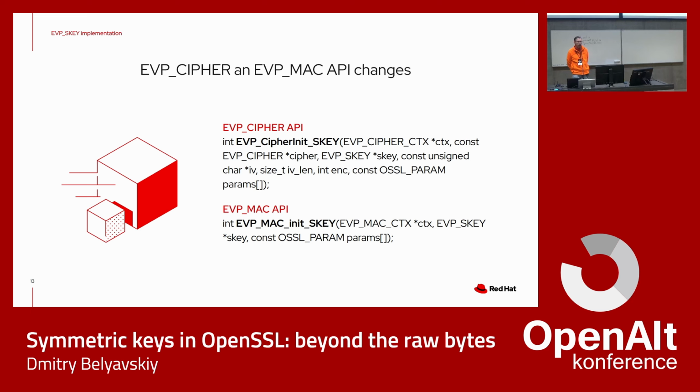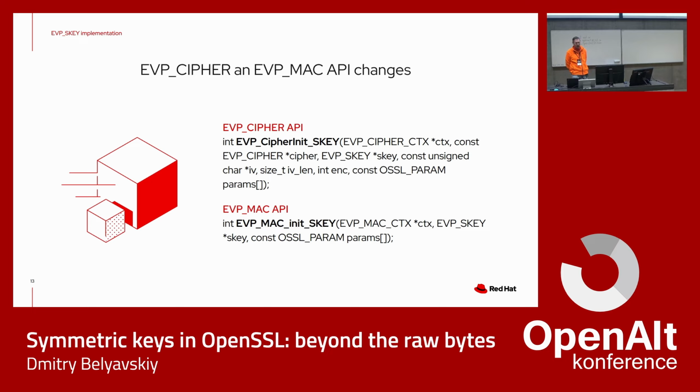OK, let's jump to particular API changes. These two functions were added in OpenSSL 3.5. When you use symmetric algorithms, you always have init functions that accept keys. And so you see the natural change of the API, basically an addition to the API.